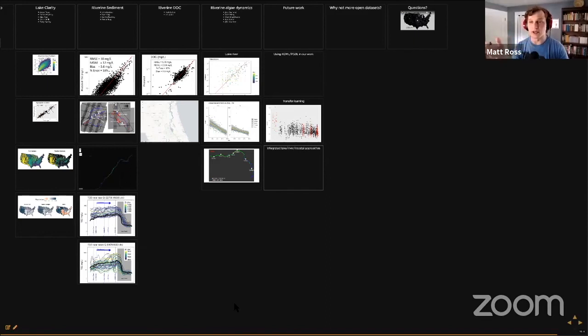And we don't do that now, and it's a clear point of improvement, just like it would be a very clear point of improvement to include some reasonable process knowledge, like, hey, it definitely rained in this basin, so it probably is going to increase sediment and things like that.